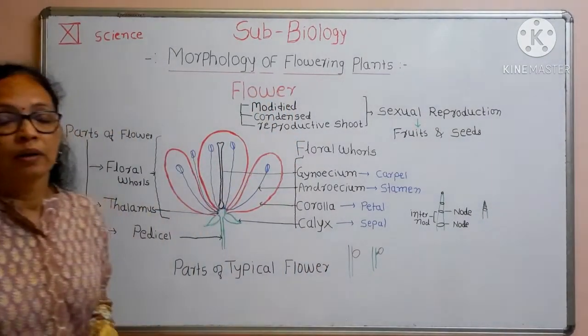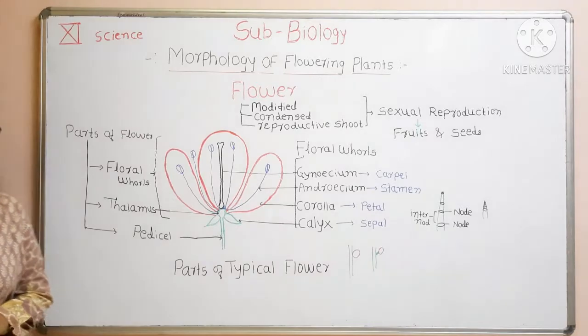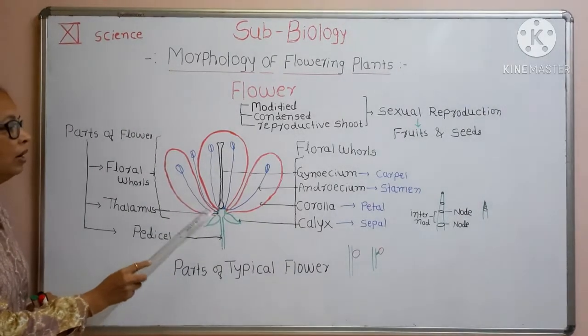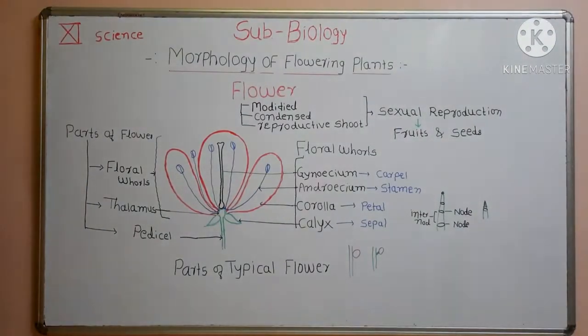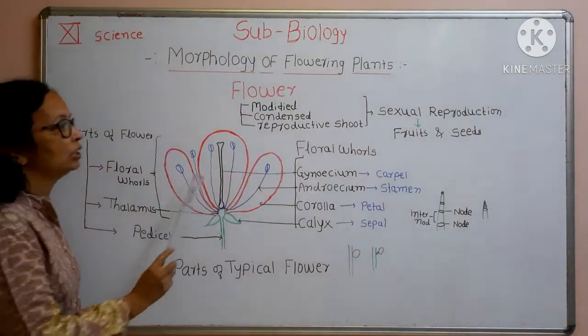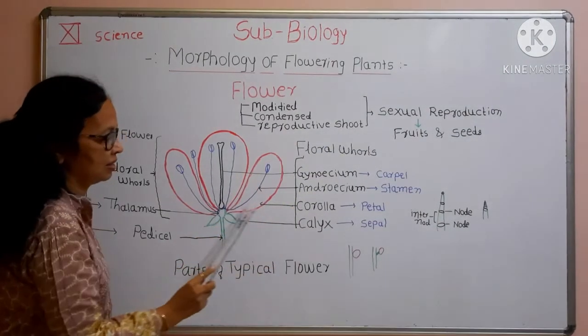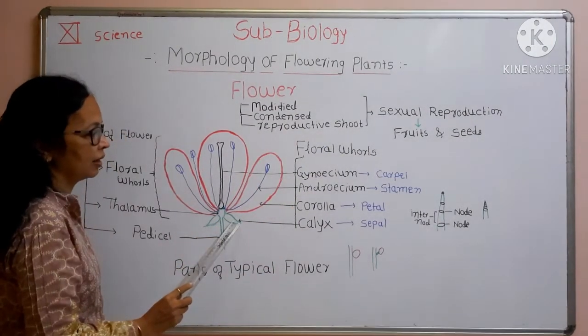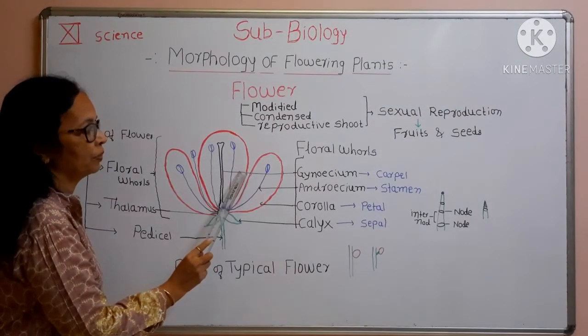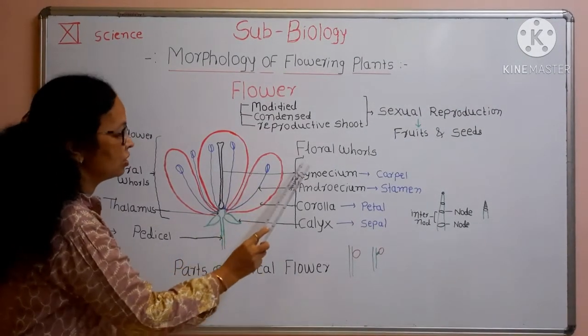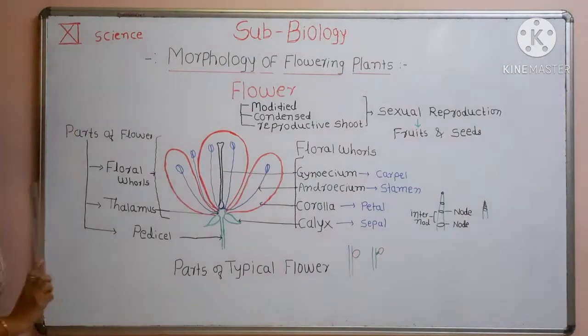And from these nodes, the different floral leaves are developed. Means what is the function of thalamus? To produce the different floral whorls. So here calyx, corolla, androecium and gynoecium. So this is the function of the thalamus.